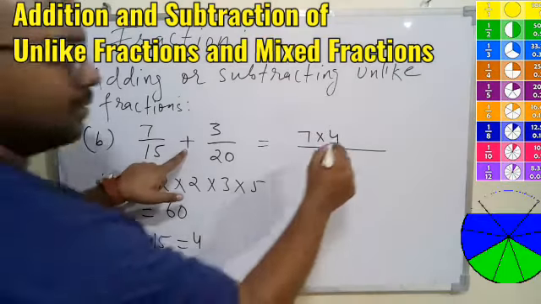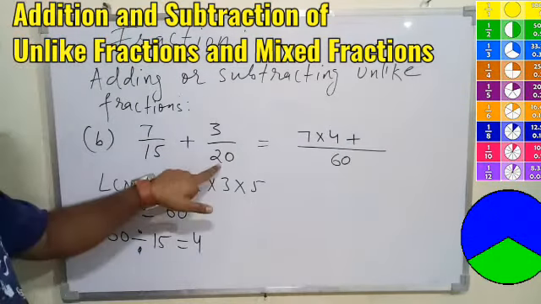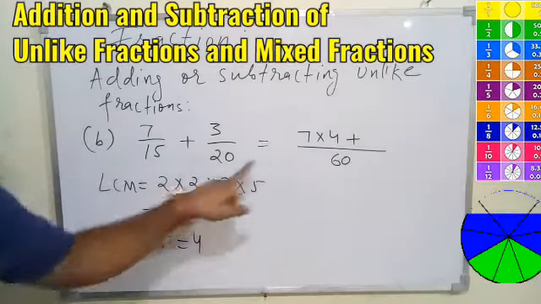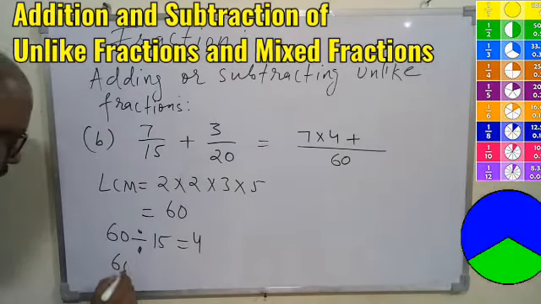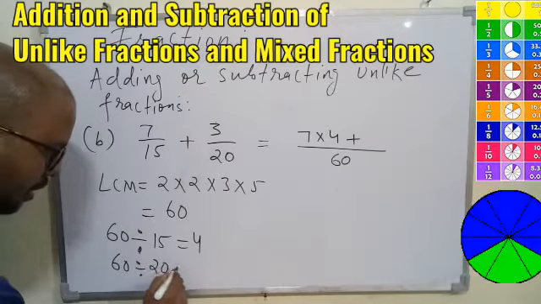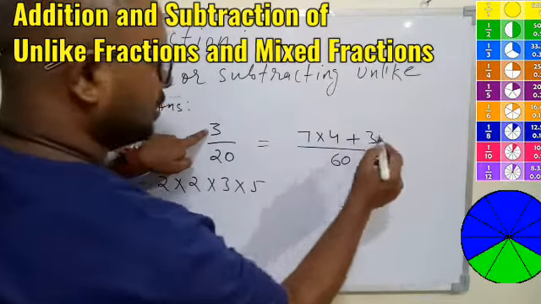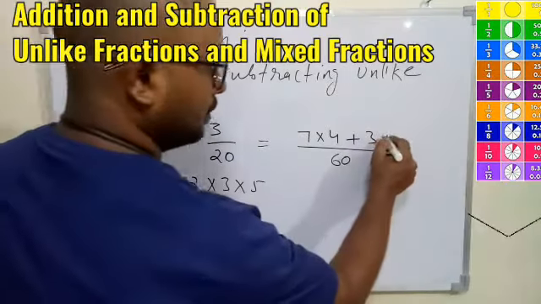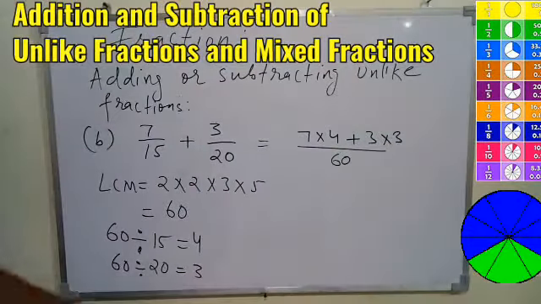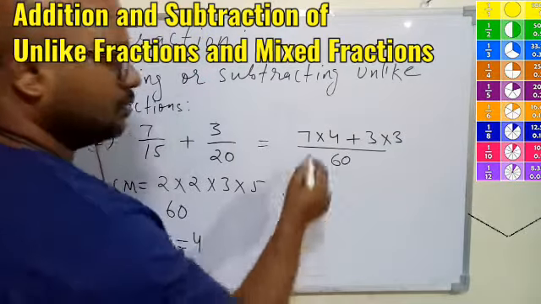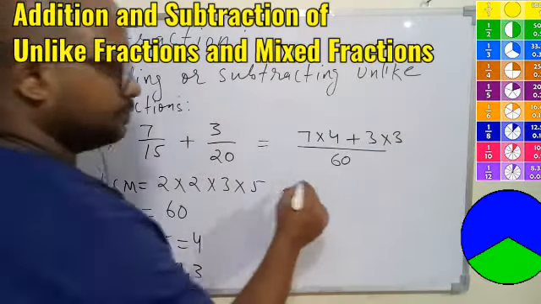After this we have a plus sign. Write down plus. Then again we will divide 60 by 20. So if we divide 60 by 20, how much do you get? 3. So write down this 3 as it is, and then multiply this 3 here. Okay. Now you know what is to be done.